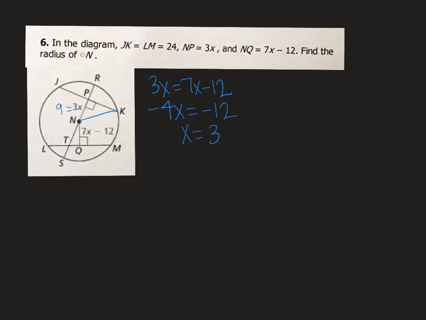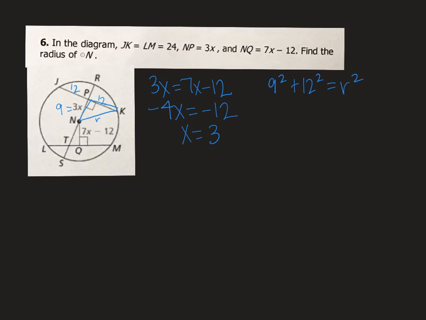Since JK was 24, I've got a diameter that goes through it, so it's going to cut it in half. So it's going to make JP 12 and PK 12. And I'm going to form that right triangle to solve for my radius. So I've got a leg of 9, a leg of 12, equal to my radius squared.